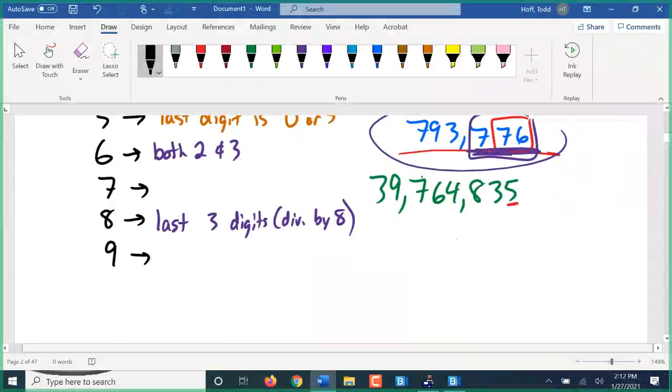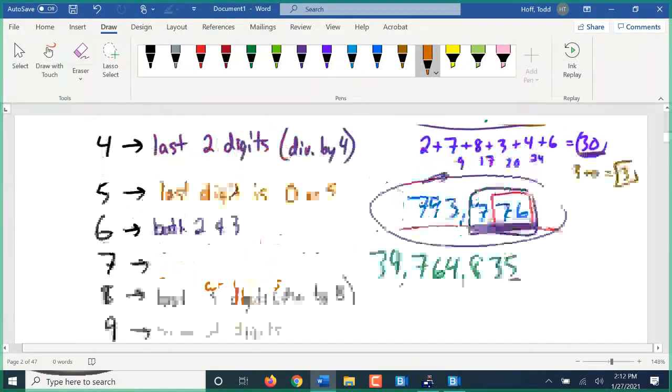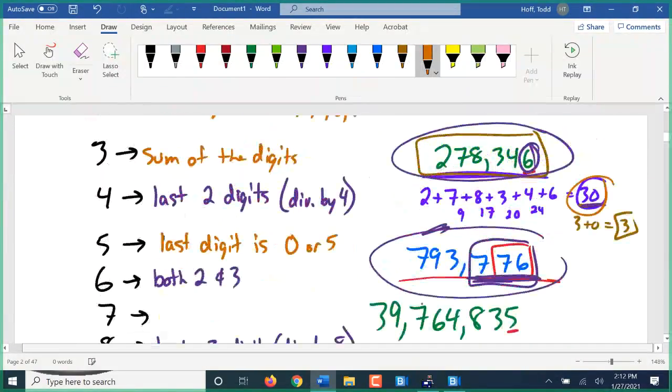So anyway, for 9, anybody have any ideas what the rule is for 9? Sum of the digits again, if it's divisible by 9. Now this one up here added up to 30. 30 is not divisible by 9, so that's not divisible by 9.